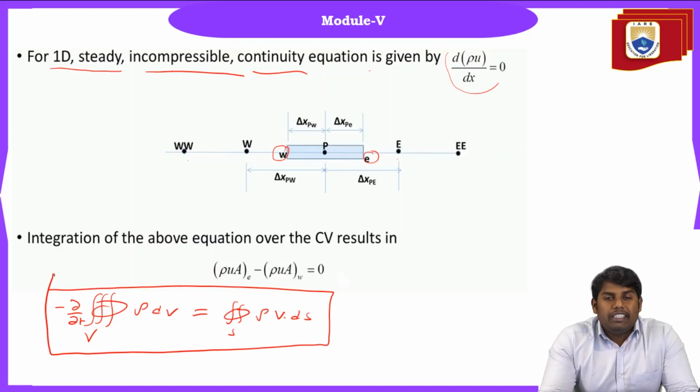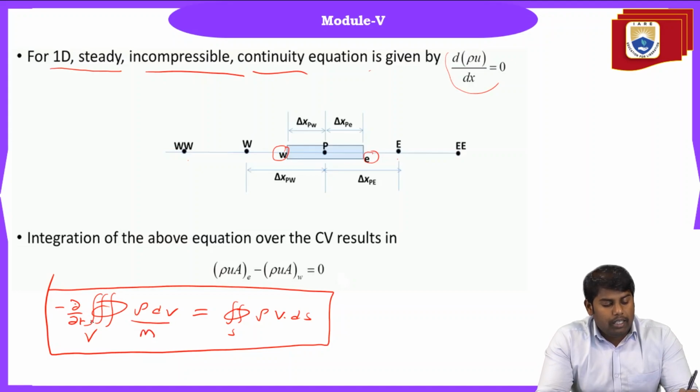In the LHS term, we have a minus, which is nothing but a decrement, the rate of decrement of the flow inside the control volume. Here rate is nothing but dou by dt, so the minus symbol indicates the decrement. Rho dV is nothing but mass, and here we have the volume integral.